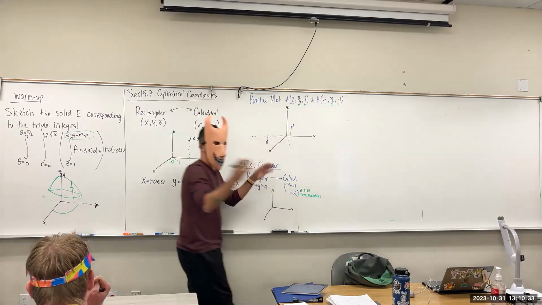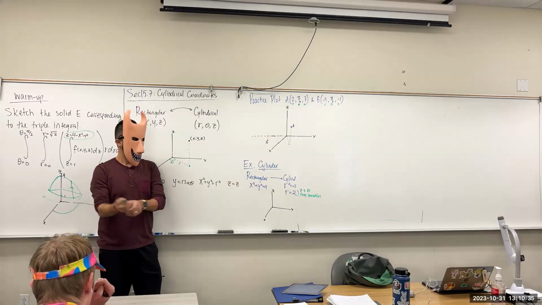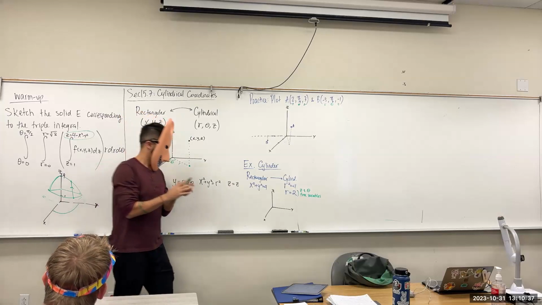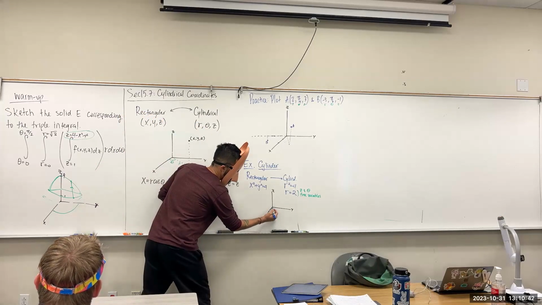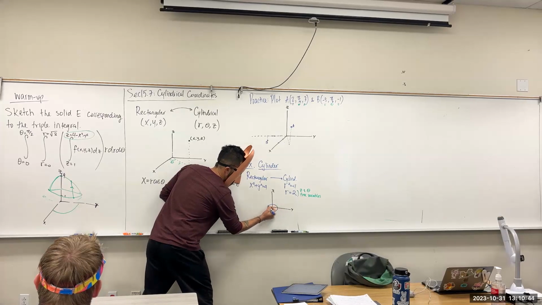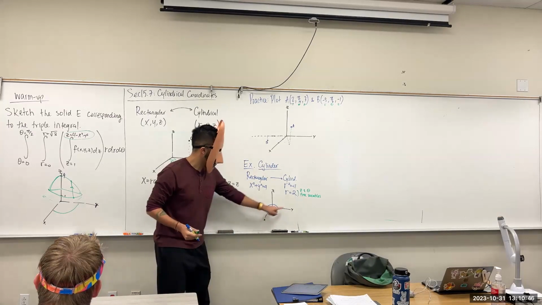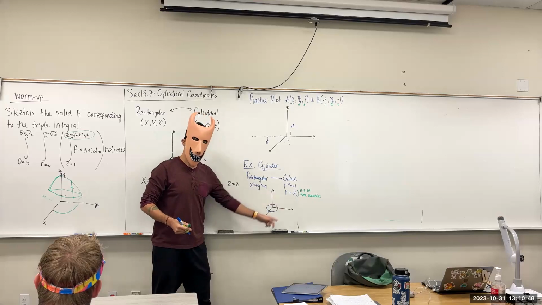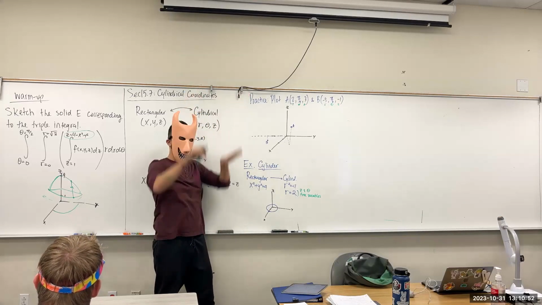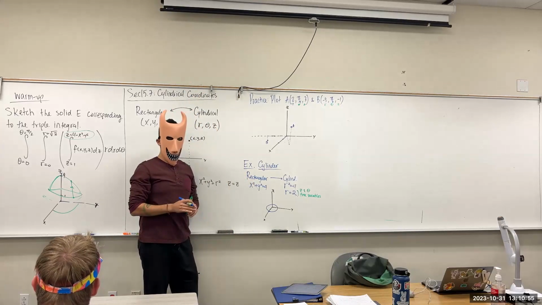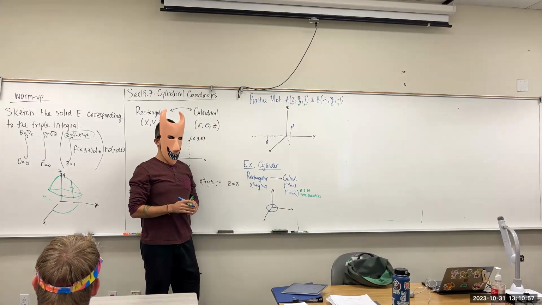That means they can be whatever, they can vary. Okay, but r has to stay 2. So that means that this is 2 units away. You have this circle because r can rotate by any theta, but z could be anything that's positive or anything that's negative. So what do you guys think the graph of that would look like?